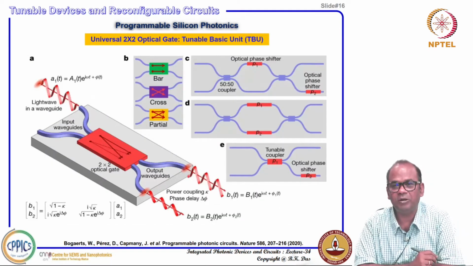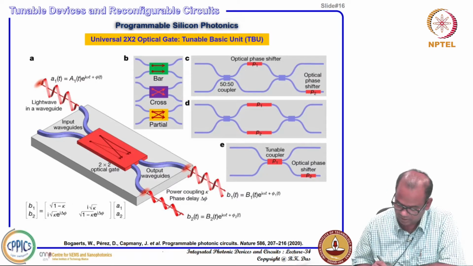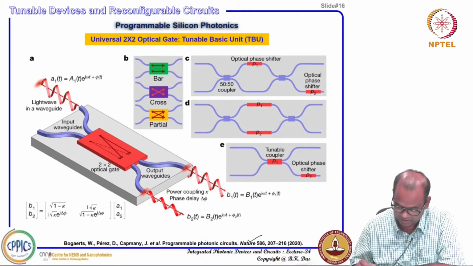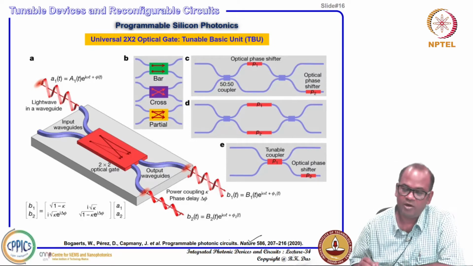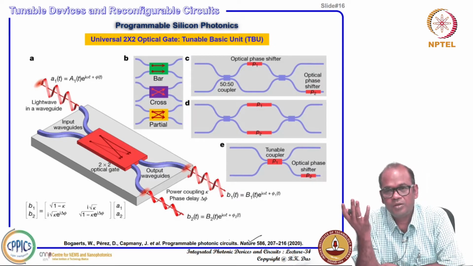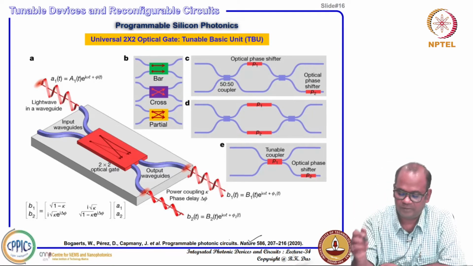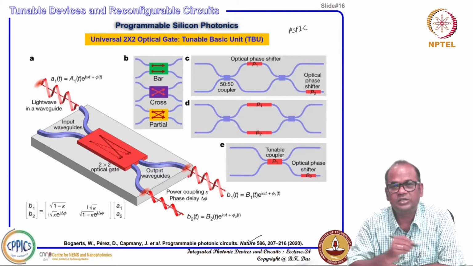Here is a good example, a very recently published paper by Bogaerts et al., published in the Nature journal, called Programmable photonic circuits. That is the latest trend. So far all the photonic integrated circuits used are actually application specific. That means a particular circuit you can use for a particular function.